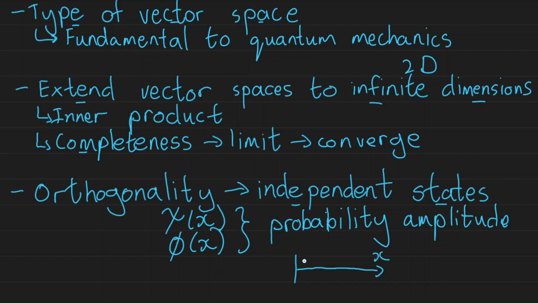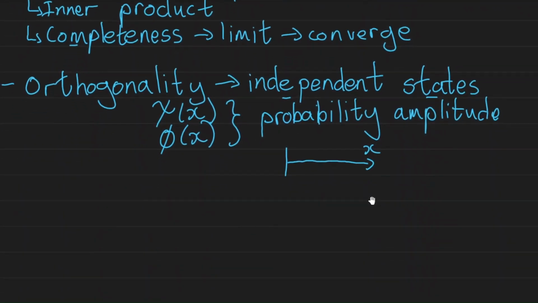If we take the dot product of these two, or the inner product, it corresponds in Dirac notation to this psi of x, and then we would be taking this dot product with phi.